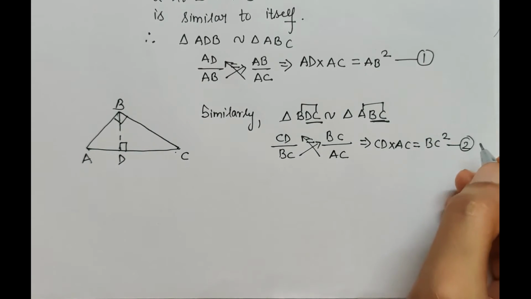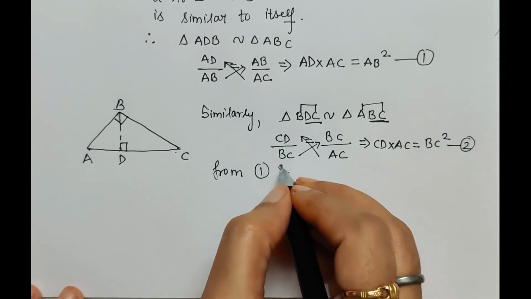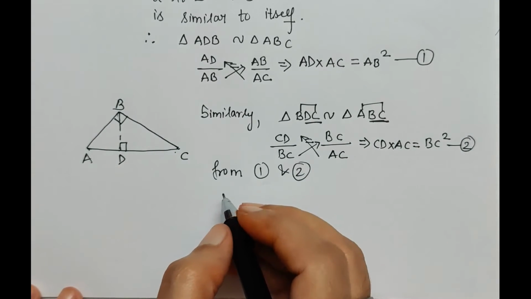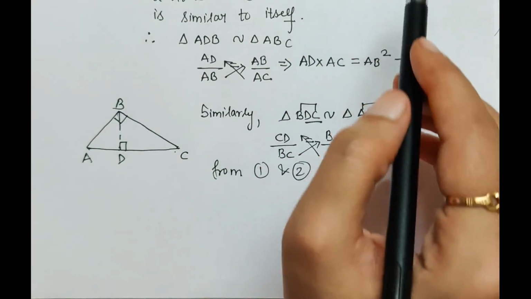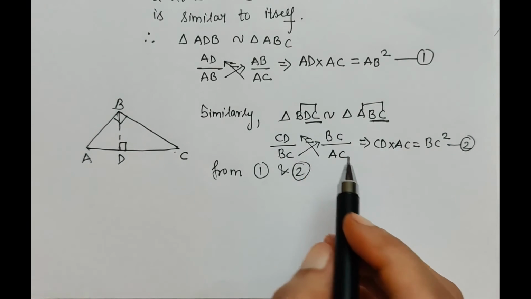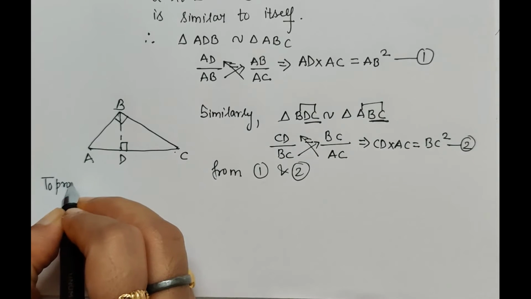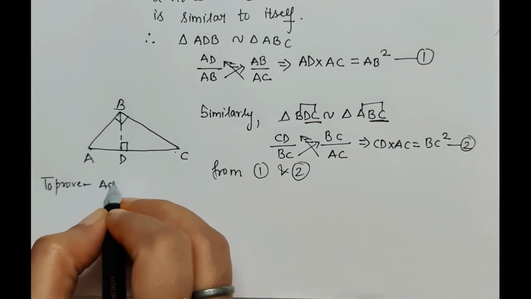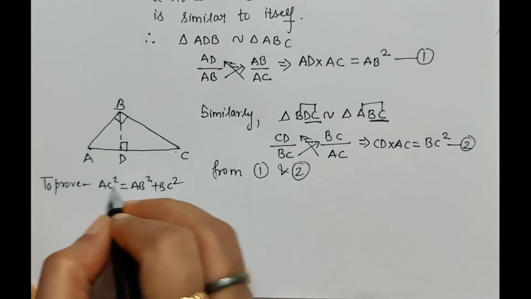Now from equations 1 and 2, what are we actually doing? Our statement to be proved was AC square is equal to AB square plus BC square.